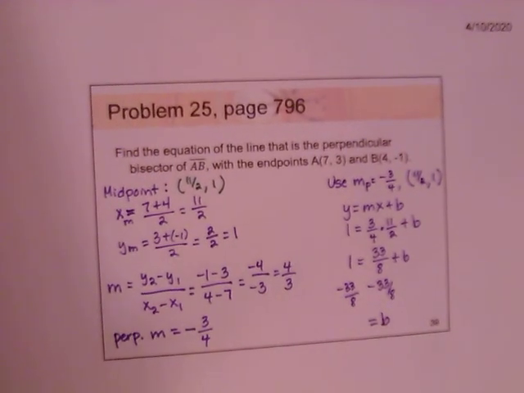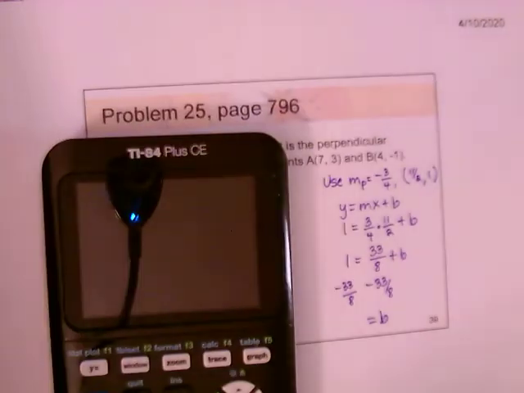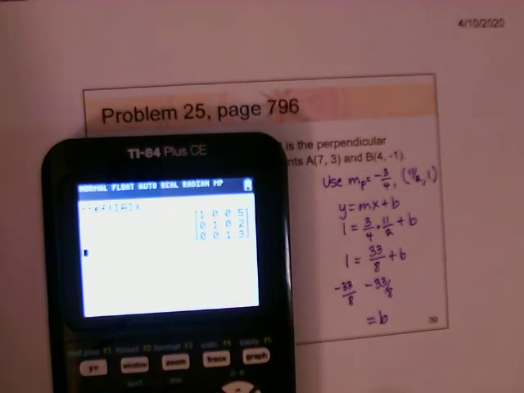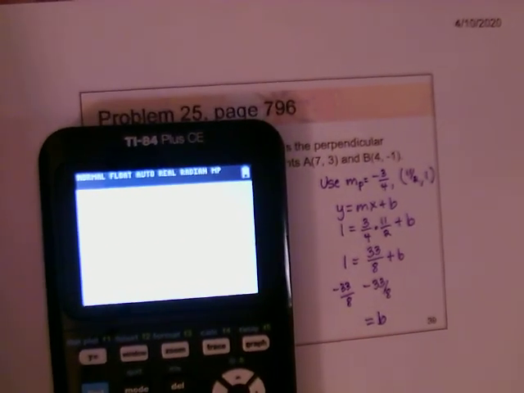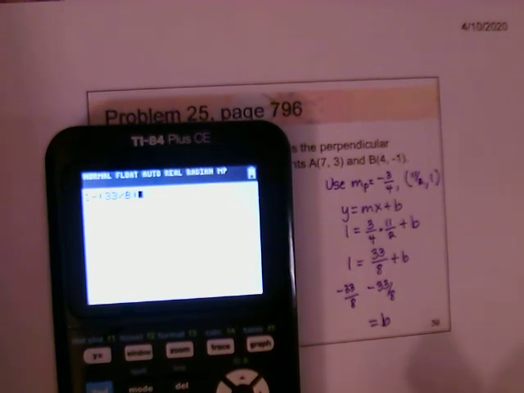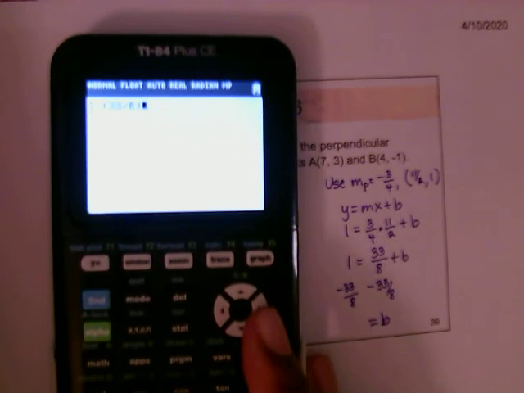So the b in this case would be, and I'm going to cheat with my calculator. I'm going to clear that out. I'm going to do 1 minus, and in parentheses, 33 divided by 8, and then close the parentheses. There's a button that says the math key.